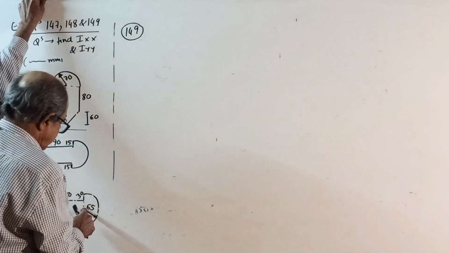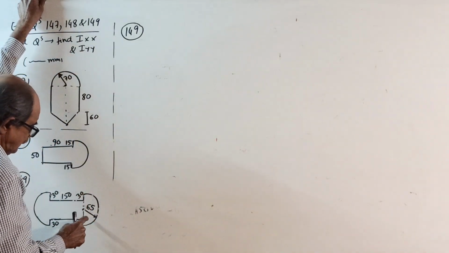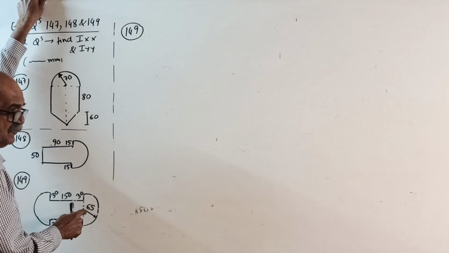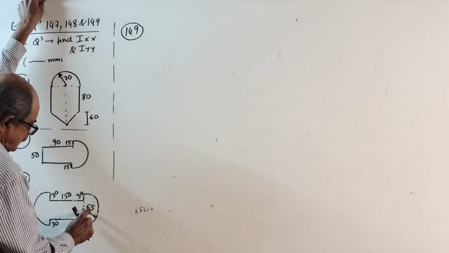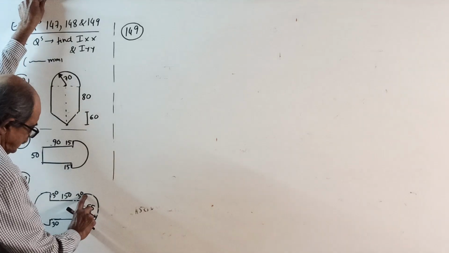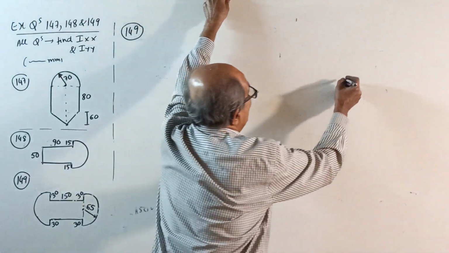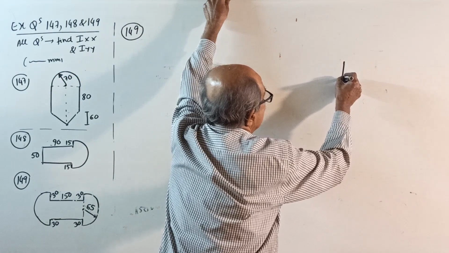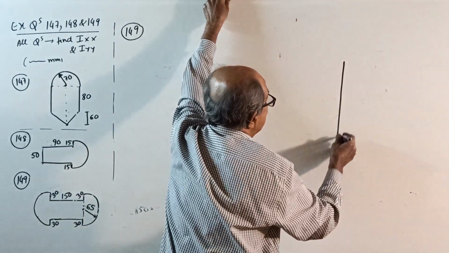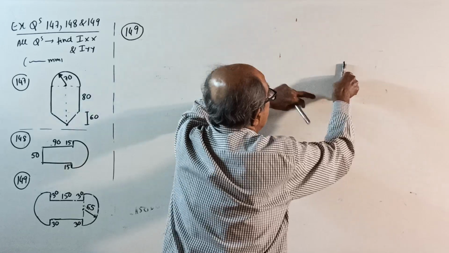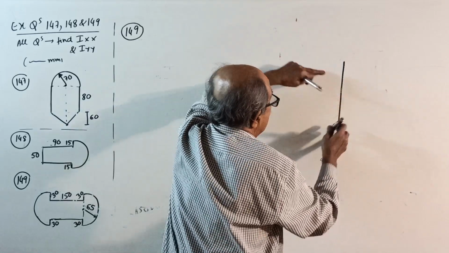If radius is 65, diameter is 65 into 2 is 130. See, 65 is the radius, 130 is the diameter. So, I will plot diameter of 130 here. First, 130 and 130, okay.